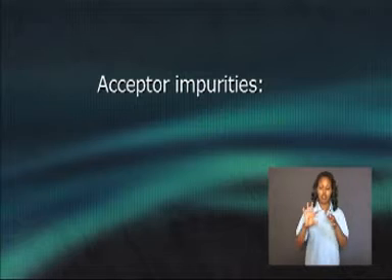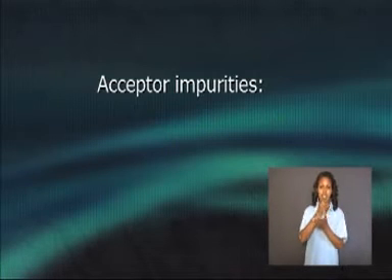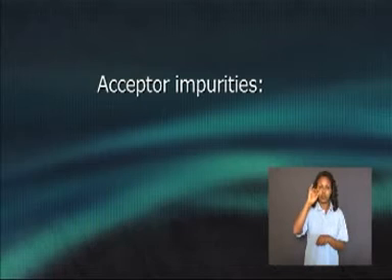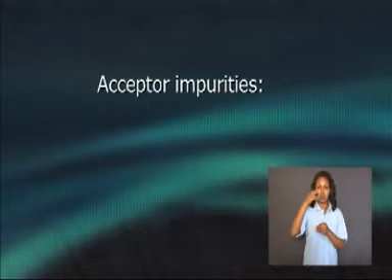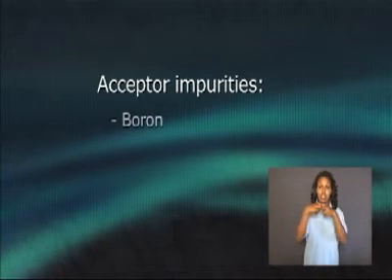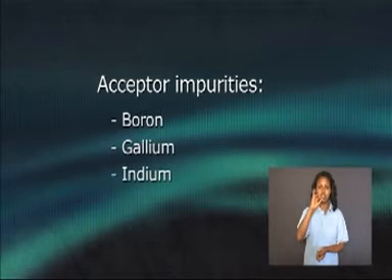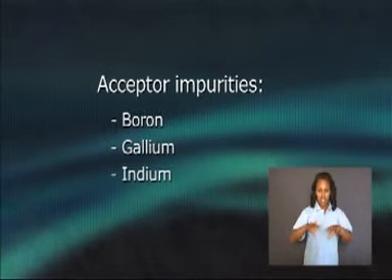When bonded with semiconductors, acceptor impurities create holes that can accept electrons. Boron, gallium, and indium are acceptor impurities.